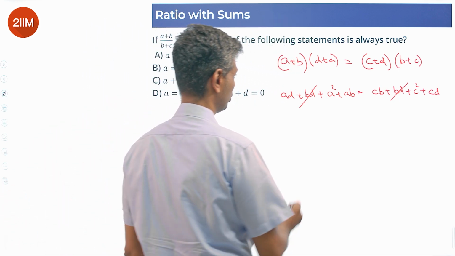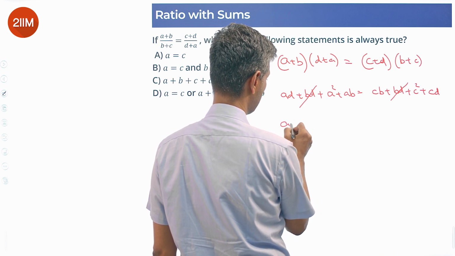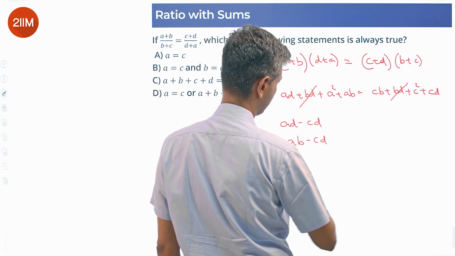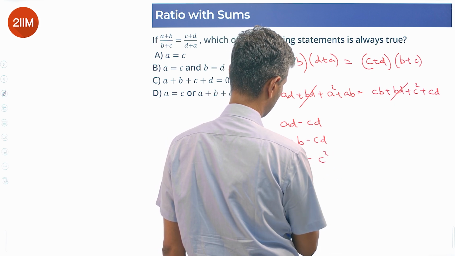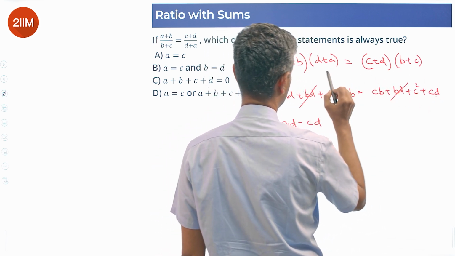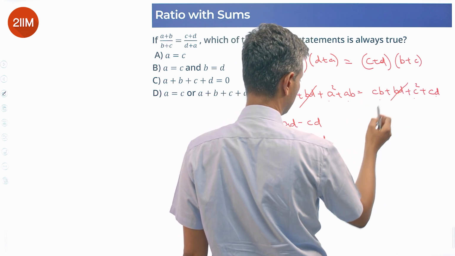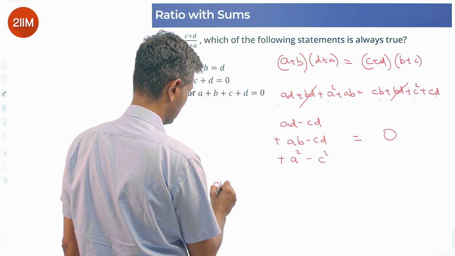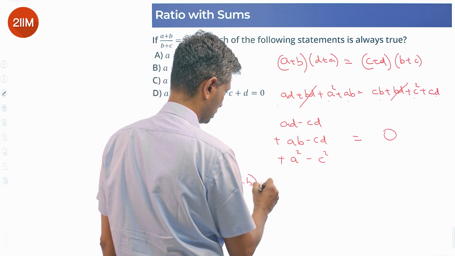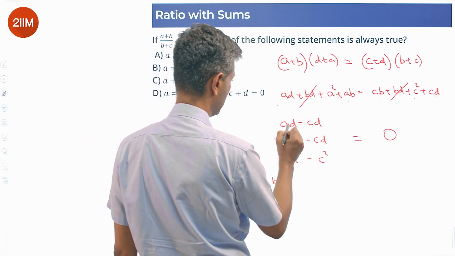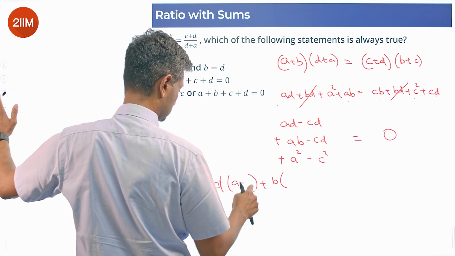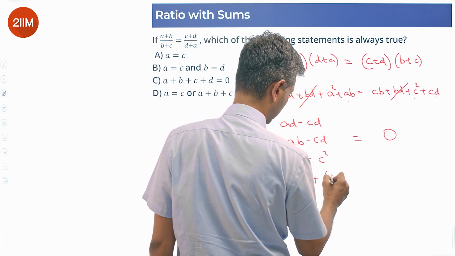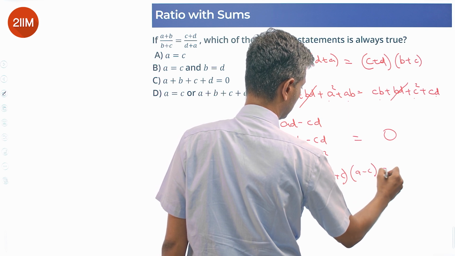So what I'm going to do, I'm going to take this as AD minus CD plus AB minus CB plus A square minus C square equal to 0. Or this is D into A minus C, plus B into A minus C, plus A plus C into A minus C is equal to 0.